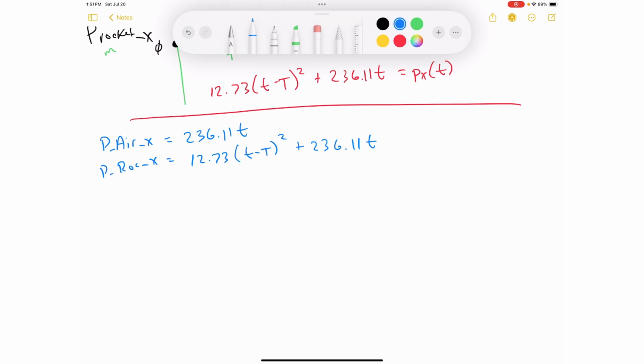Because what you want to know is when is the x of one equal to the x of the other? But there's a slight wrinkle in that I want to take the position of the airplane, which is that function, 236.11 t, and I want to add on 1,000 meters, because I don't want to find out where these two functions intersect by themselves.